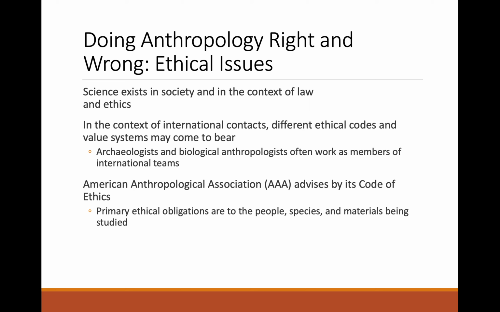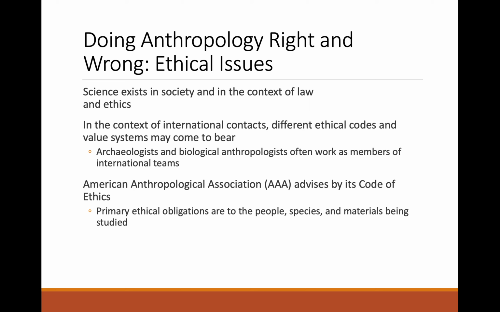One example of this is that, whether you're studying animals or people in a foreign country, right, you have to abide by the legal policies, by the laws of whatever country that you're working in. I have a friend who ended up being imprisoned in Namibia, for example, because she brought Benadryl in with her because she had some allergy issues, and it turned out that Benadryl was a controlled substance in Namibia.